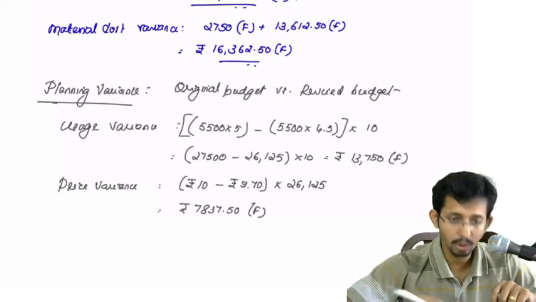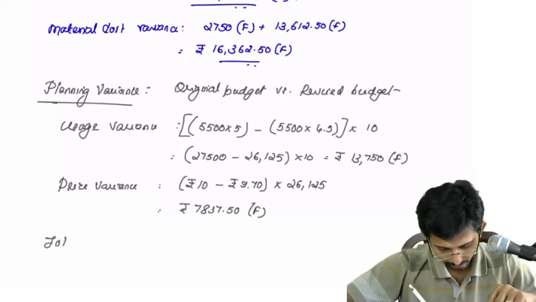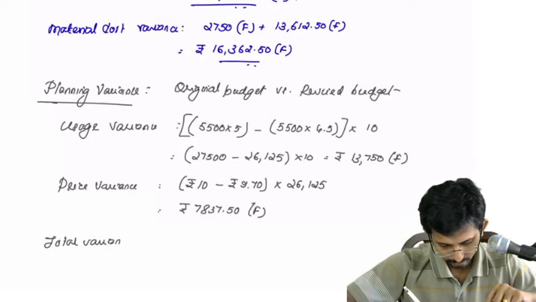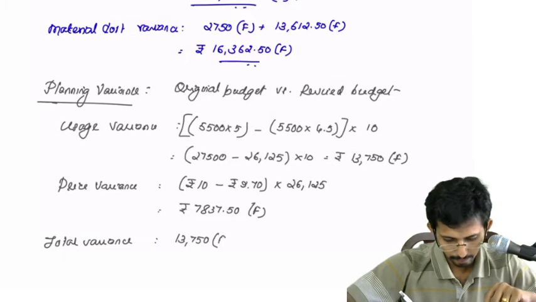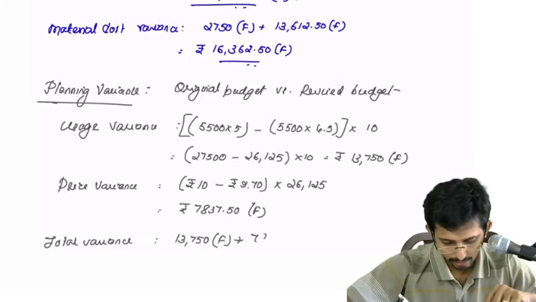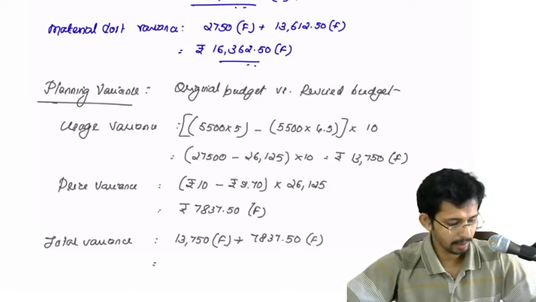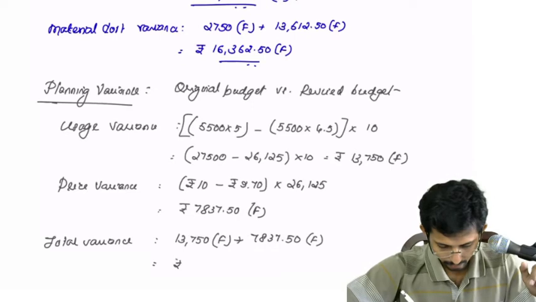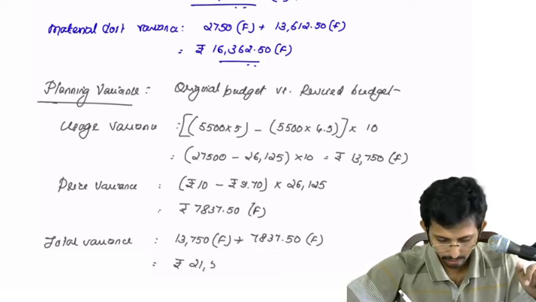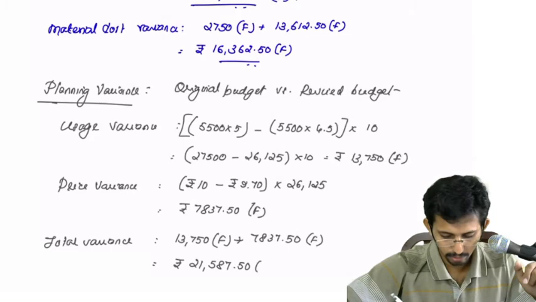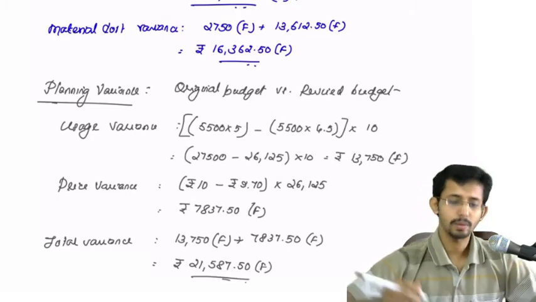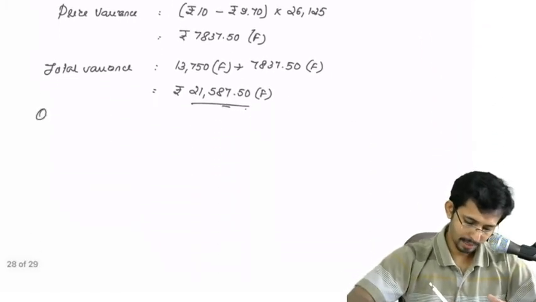Again it is favorable because cost is coming down. So total variance will be 13,750 favorable plus 7,837.50 favorable, that is equal to 21,587.50 favorable. Okay, now that is planning. Now operational variance.